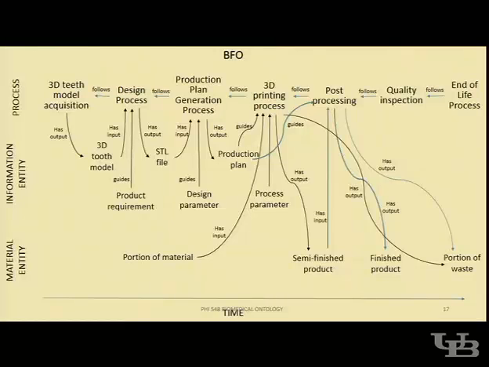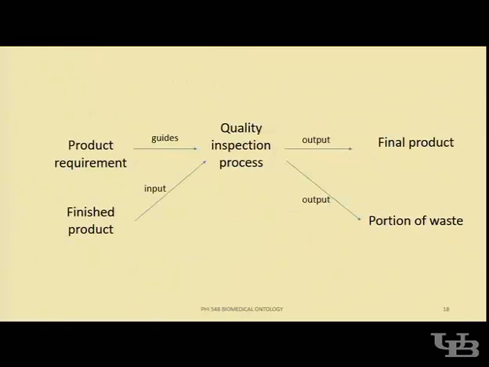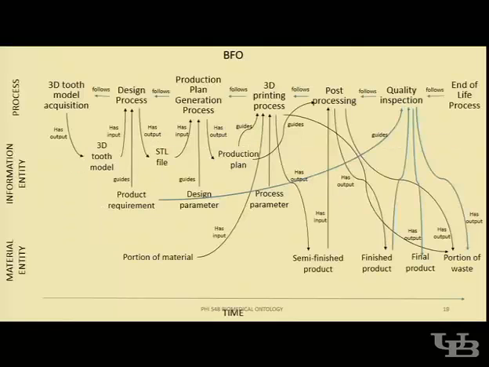Once we have the finished product, it needs to go through the quality inspection process, where they will refer back to the product requirements that will guide the quality inspection process, where the finished product becomes the input. Finally, if it satisfies the quality that we need, it will become a final product, or else it will become the portion of waste.